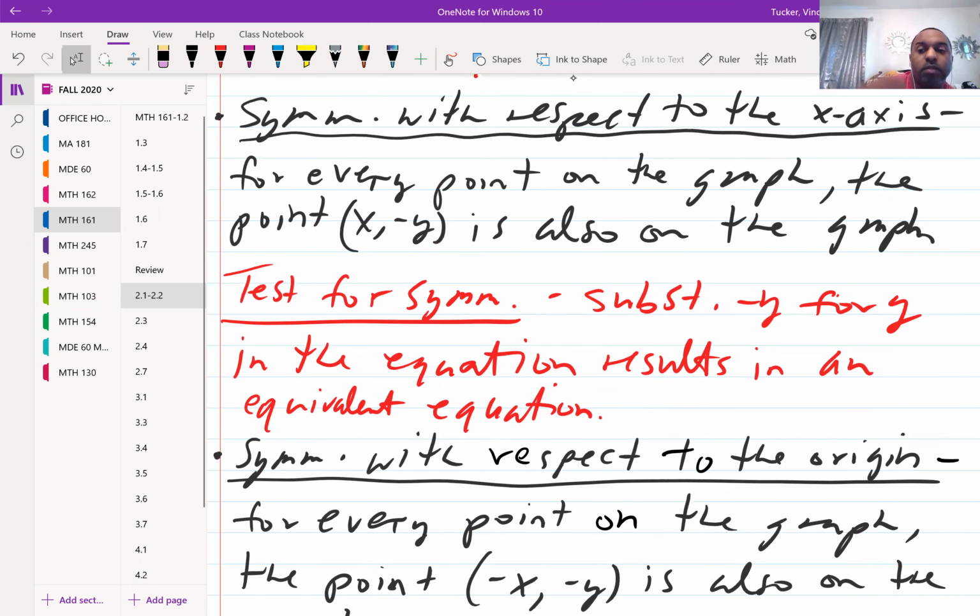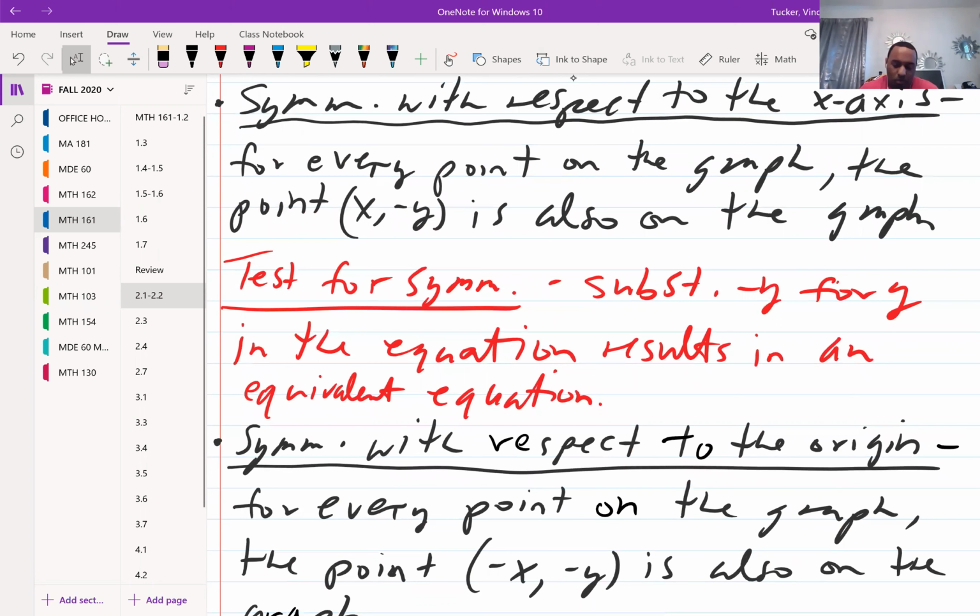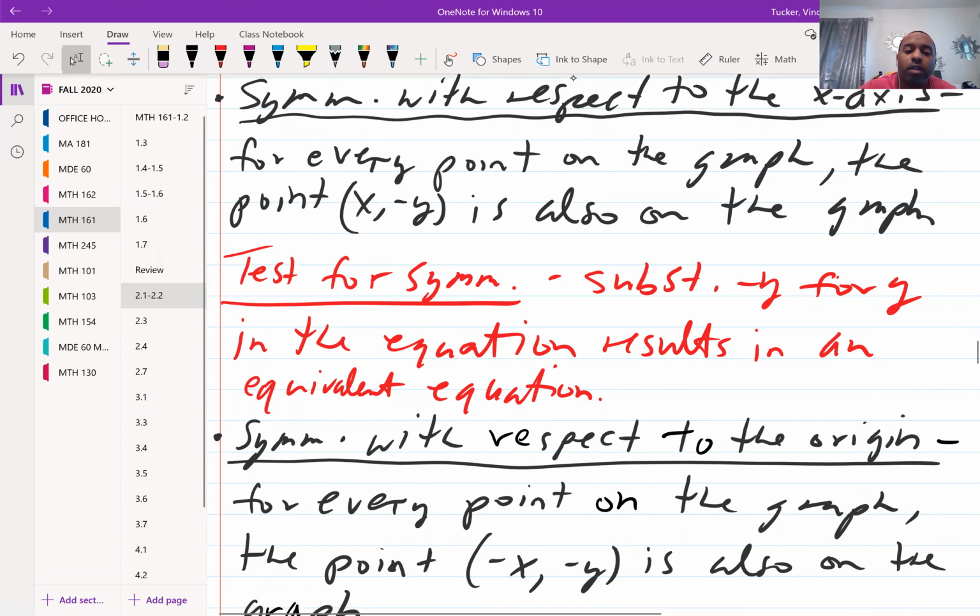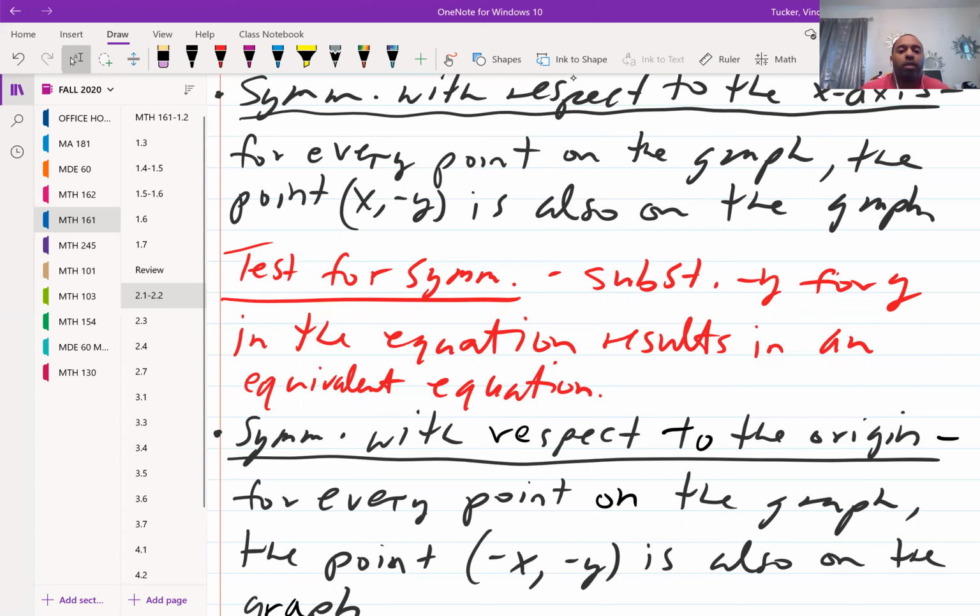Let's get that one. Okay. So, symmetric with respect to the origin. For every point on the graph, the point negative x, negative y is also on the graph. And we'll look at the test for symmetry on that one in a second.